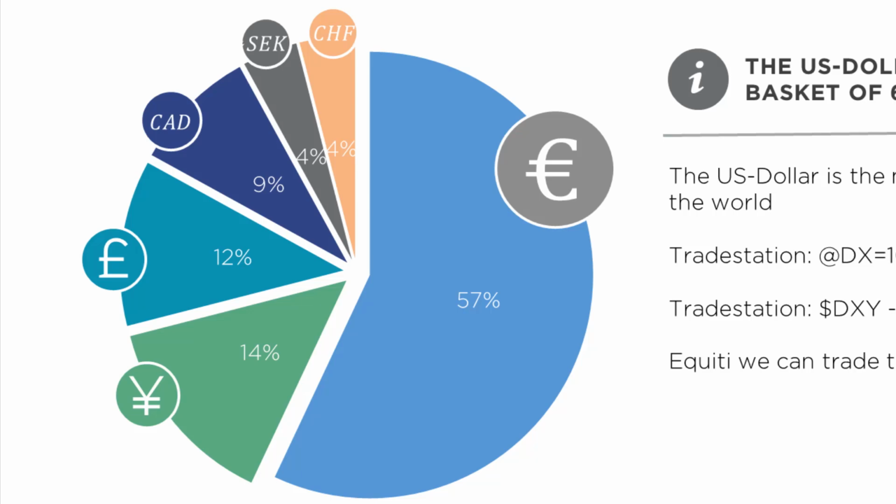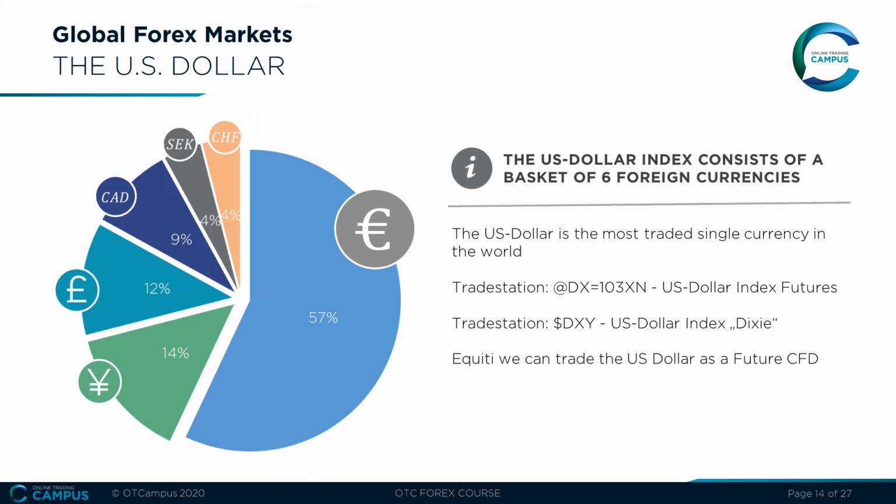So just looking at this, you could assume that the Euro USD chart is merely a mirrored image to the US dollar index. So when we are looking at the dollar index chart, we are looking at the opposite of the Euro USD chart. Then we have the Japanese yen with 14%, the British pound with 12%, the CAD with 9%, and even the Swedish krona and the Swiss franc with an approximate of 4% weight of the US dollar index.